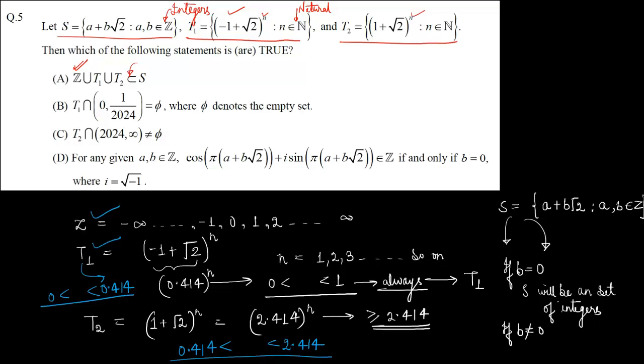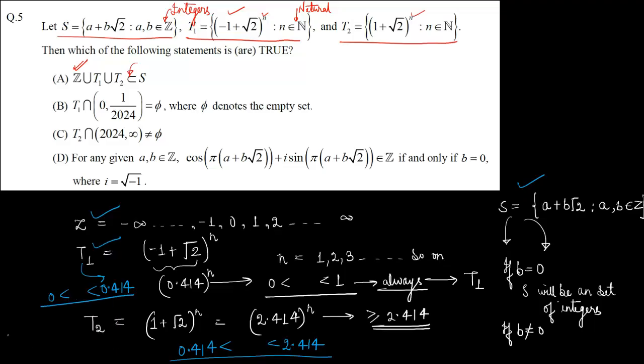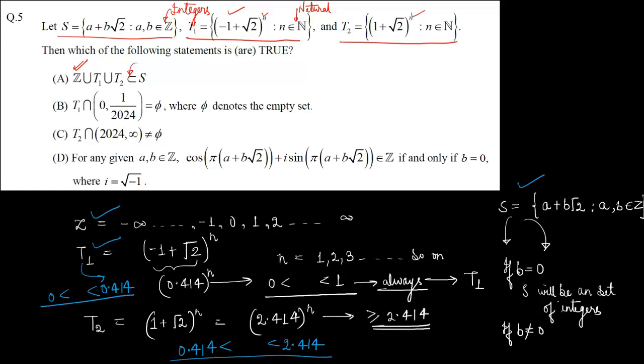It will not come in this union, but S will have this set. So S will have more elements than the union formed on the LHS. So option A will be correct.